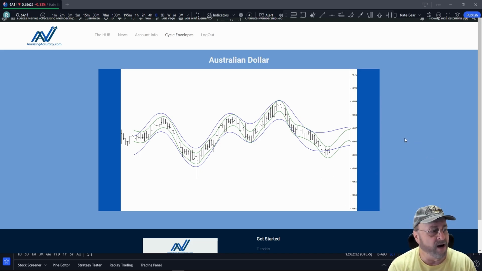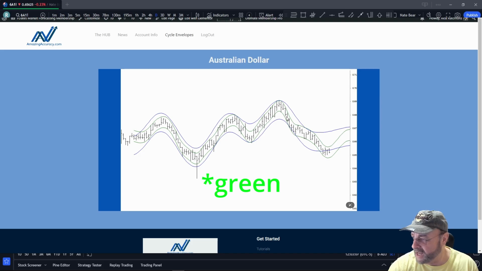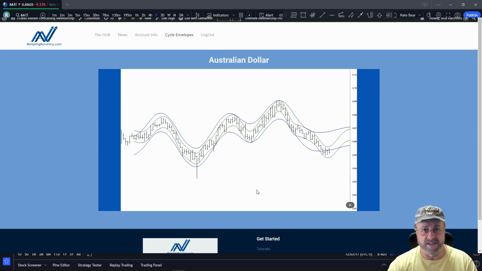All right. Now, what I want to draw your attention to is this cycle pattern going on right here, this cycle envelope. You see in the red, there's a red cycle here. It's a short-term cycle, and it is enveloped in a much larger cycle, this blue one here, which is of a different time frame.